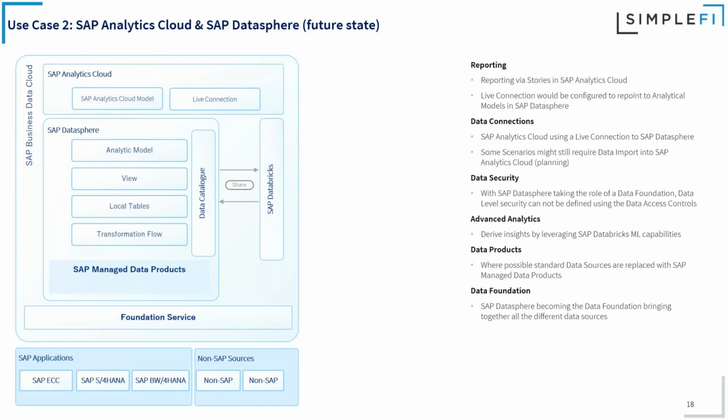So you might take a look at a story and it shows you where the raw data is sitting in Datasphere that makes up the story, as well as, if you make changes to an analytical model, which of the stories are impacted. That's a very important part, from an administrative perspective, that the data catalog can provide to you.